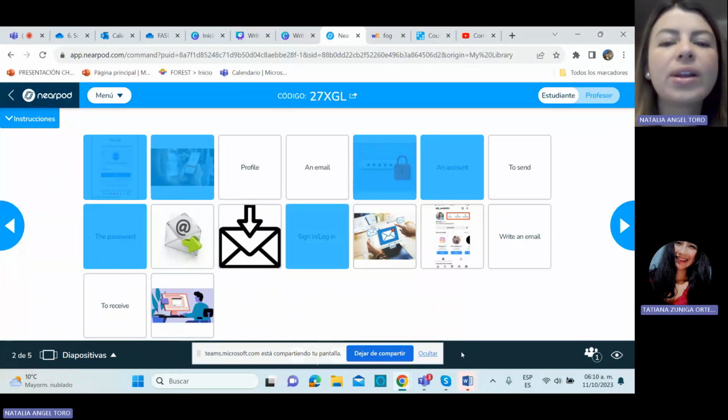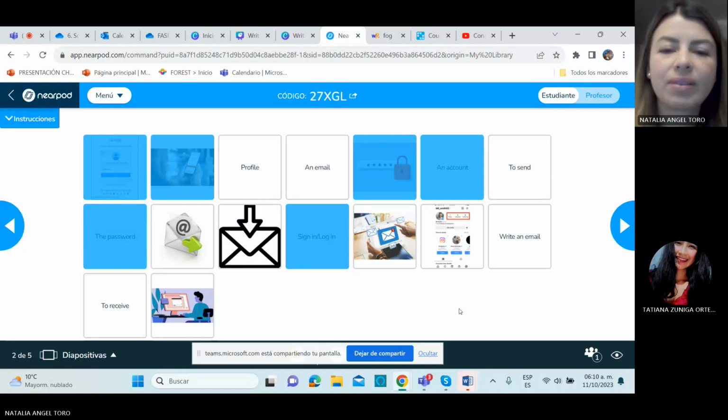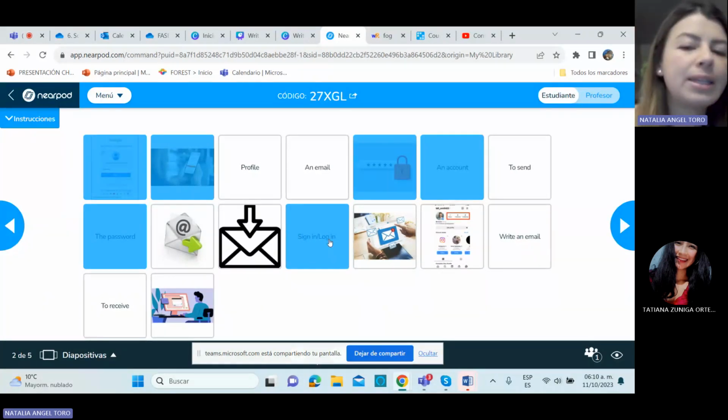Yes, the second one. Sign in or log in is just enter. It's a phrasal verb. It means that it has two words, but it's a verb. At the end, it's a verb. It's like enter, but it's used in this kind of language, talking about devices or internet. So it's useful, sign in or log in.